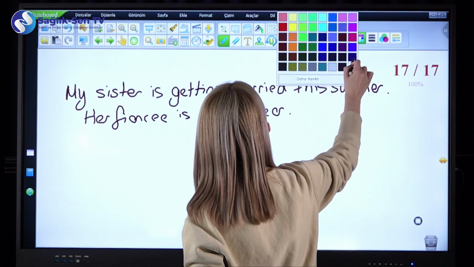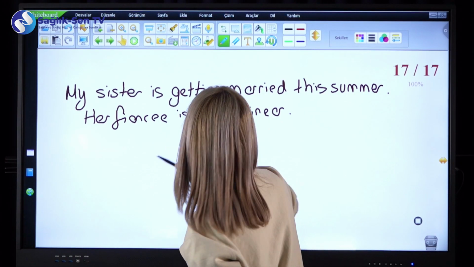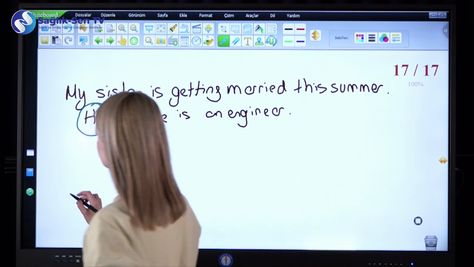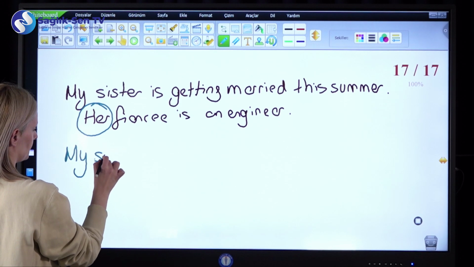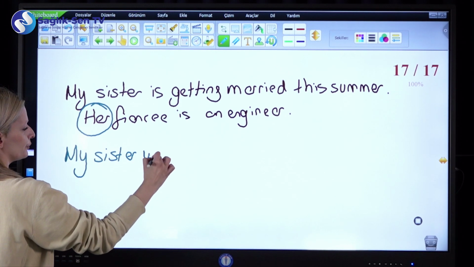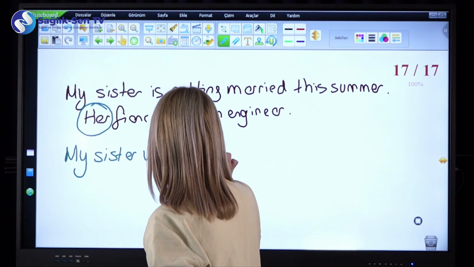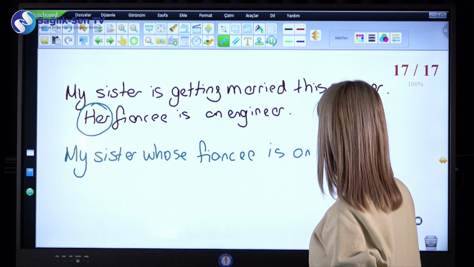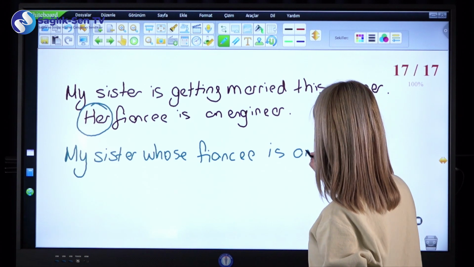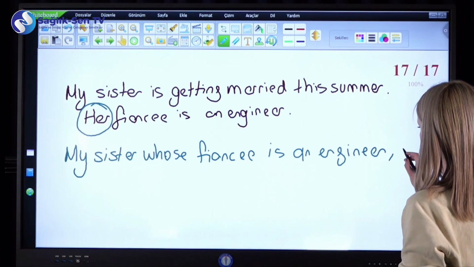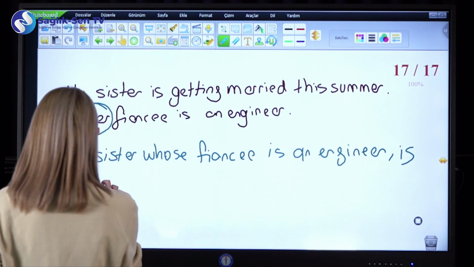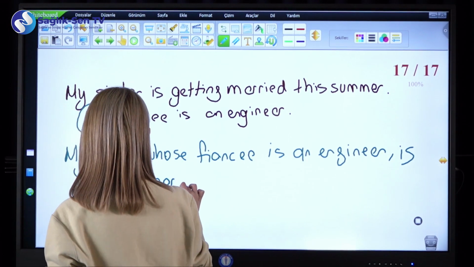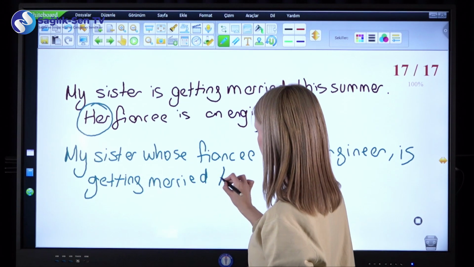As you can see, I have my possessive adjective here. I will start with my sister, whose fiancé is an engineer, is getting married this summer.